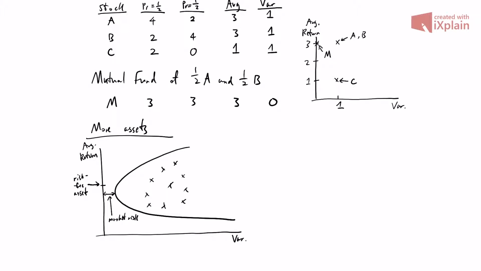Without this asset, you can only pick a point from that curve. With this risk-free asset, however, you have a choice. With the risk-free asset, you can actually pick a point from all the combinations of stocks.